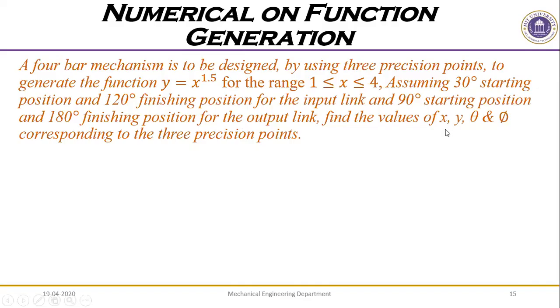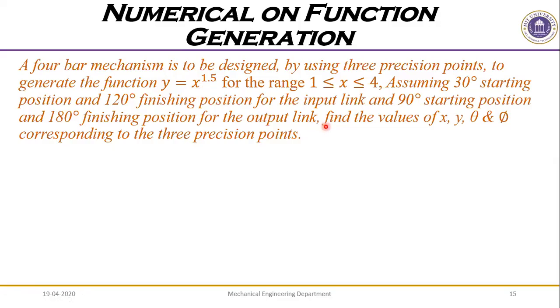Find the values of x, y, theta, phi corresponding to the 3 precision points. That means we have to do the calculation for three precision points. We have to find out x1, x2, x3 by using the formula that I have explained. With the help of that x1, x2, x3, we have to find y1, y2, y3, by putting x1 for y1, x2 for y2, x3 for y3, and you will get y1, y2, y3.